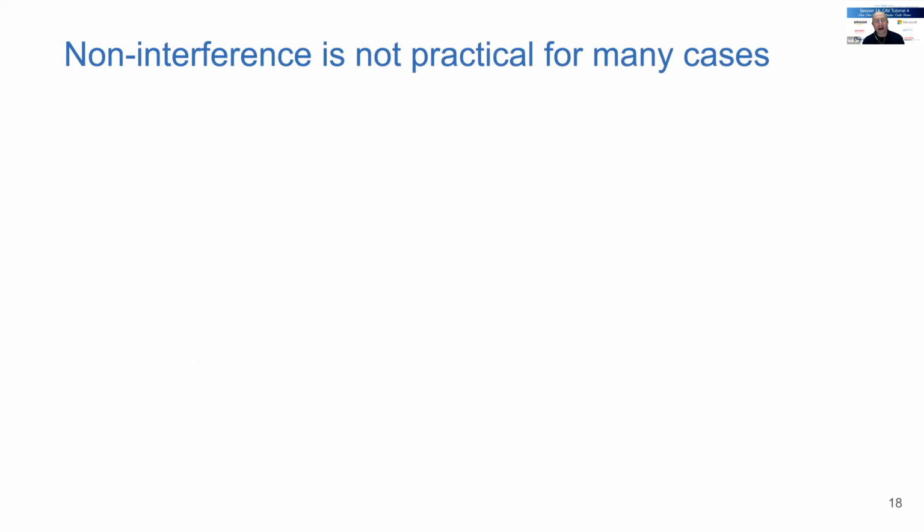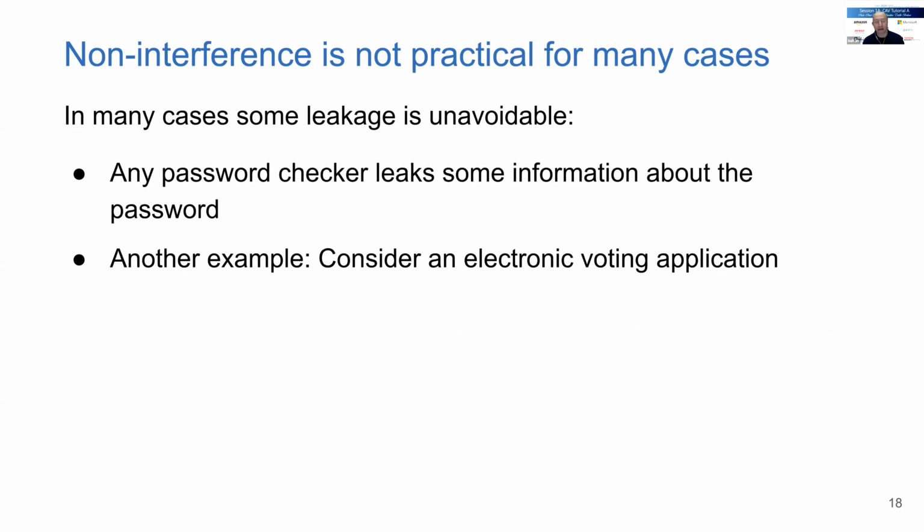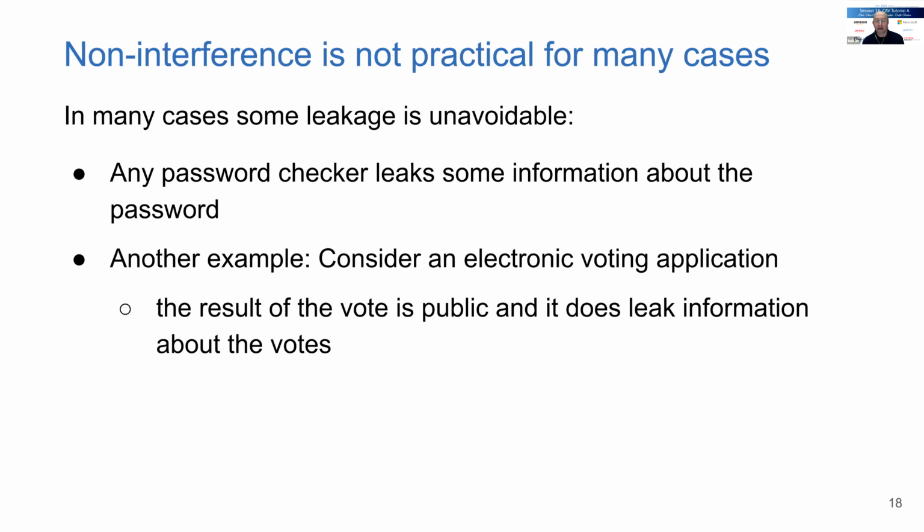There are other examples where non-interference is not possible and leakage is unavoidable. The password checker is one, but you can also consider an electronic voting application where the result of the vote is public and it does leak information, but individual votes should be private.